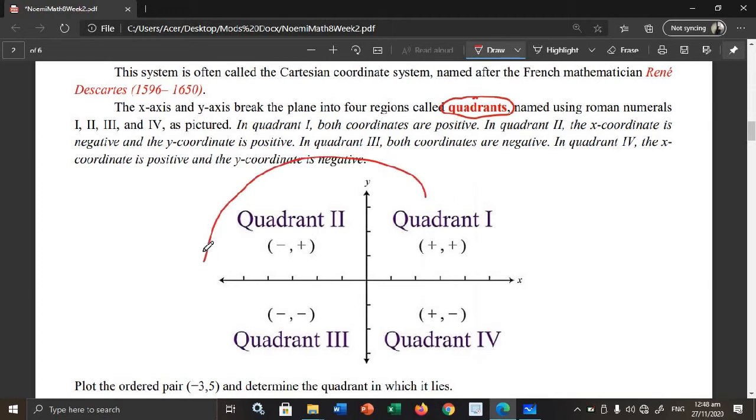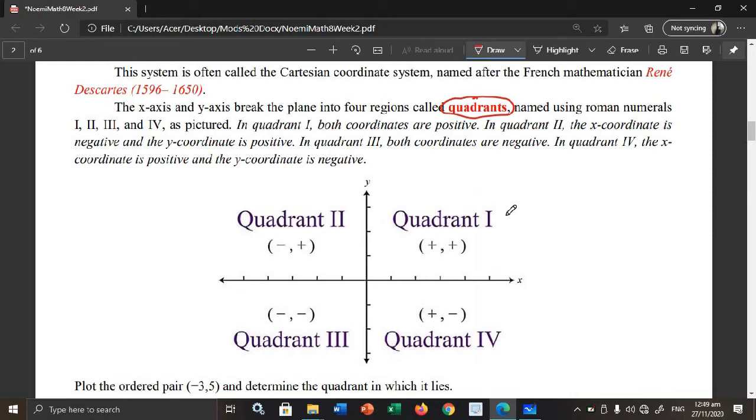Counterclockwise, ibig sabihin, from right to left. Okay? So, ang quadrant, they describe what are the signs of the ordered pair in each section. Sila yung nagde-describe nun.